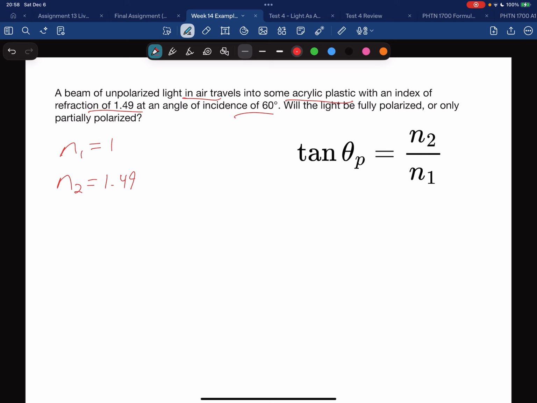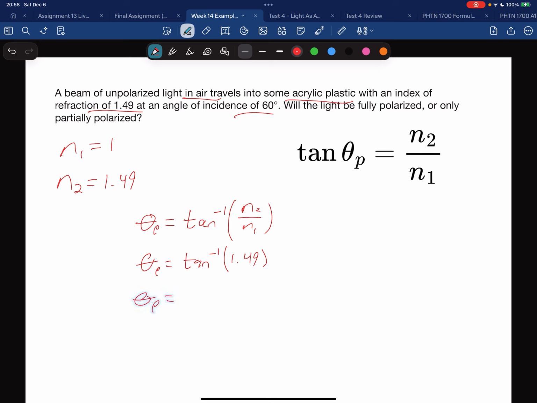Well, let's go ahead and calculate what our polarization angle is first, and then move from there. So our polarization angle formula rearranged is going to be the arctangent of N2 over N1, which is equal to the arctangent of 1.49, which should give us an angle of 56.7.